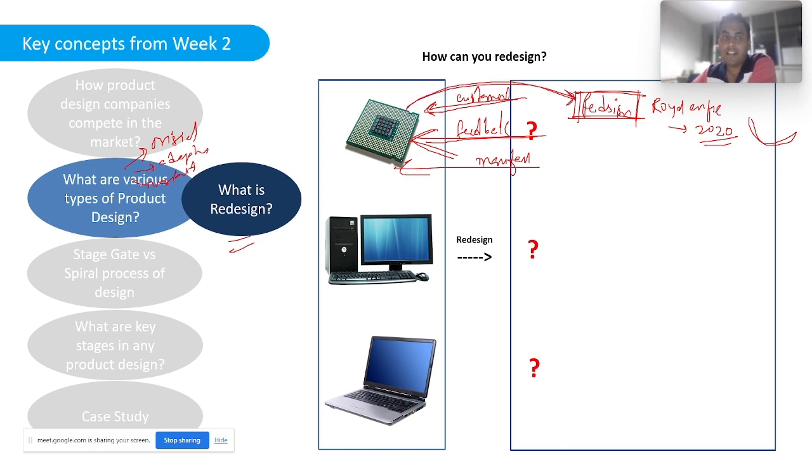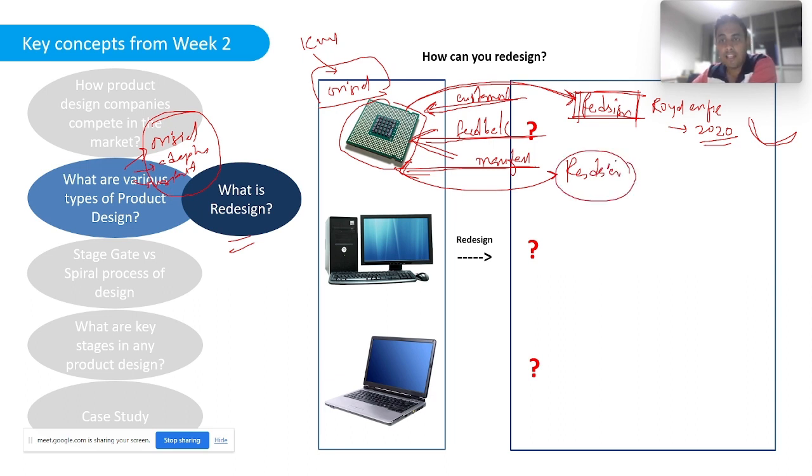So redesign can be any of these. For example, an original design was a new knowledge, but at the manufacturing level the design failed because it cannot be manufactured. Then you need to do the redesign. So an original product can also be a redesigned product. Redesign is a requirement when there's feedback from customers, from manufacturing, or from anywhere.